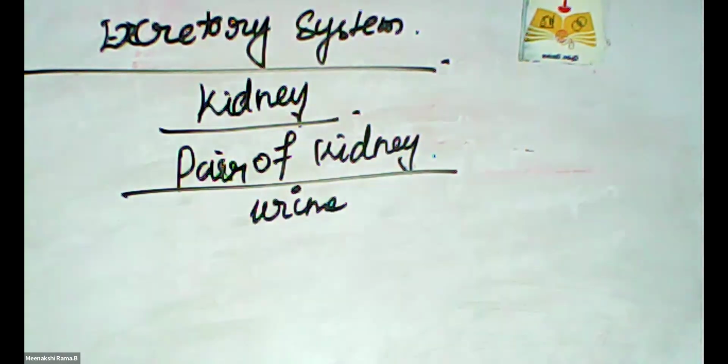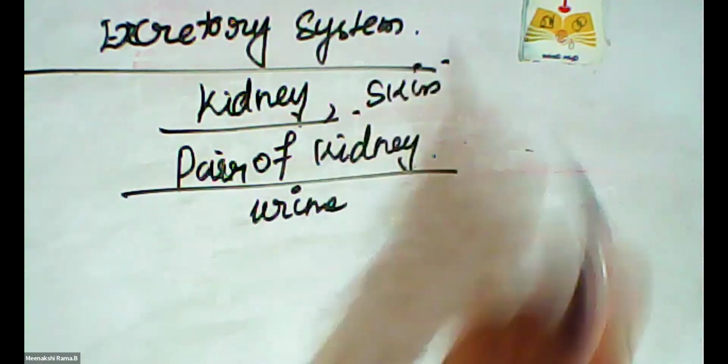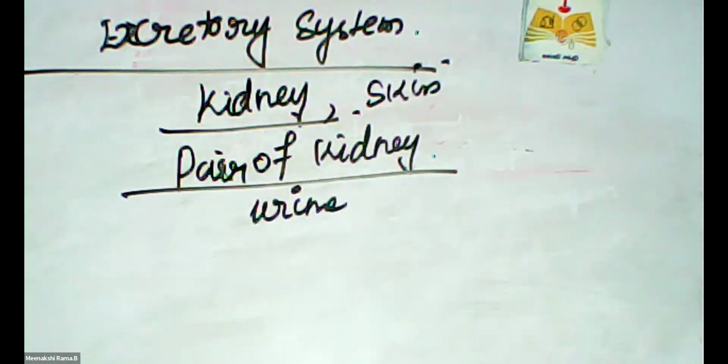Okay, so if the waste products are accumulated, not eliminated, they become harmful and poisonous to our body. Hence, excretion is an important role of our body. What are the excretory organs? Kidney and then skin also. Skin is also one of the excretory organs, because in the sweating process, the waste water comes out from our body.